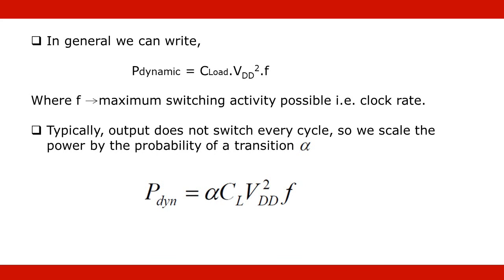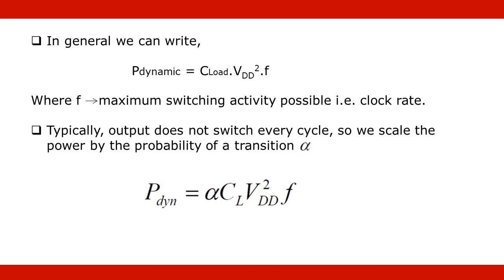The more accurate formula for dynamic power dissipation is alpha times CL times VDD square times F, where alpha is the probability, also known as the switching factor, CL is the load capacitance, VDD is the supply voltage and F is the clock frequency. This is how we calculate the dynamic power dissipation.